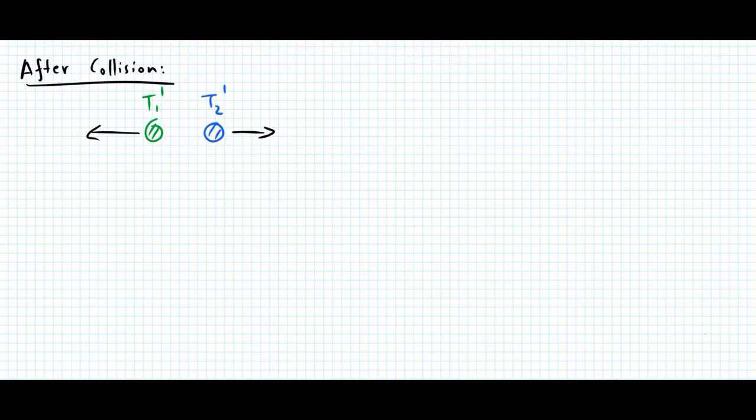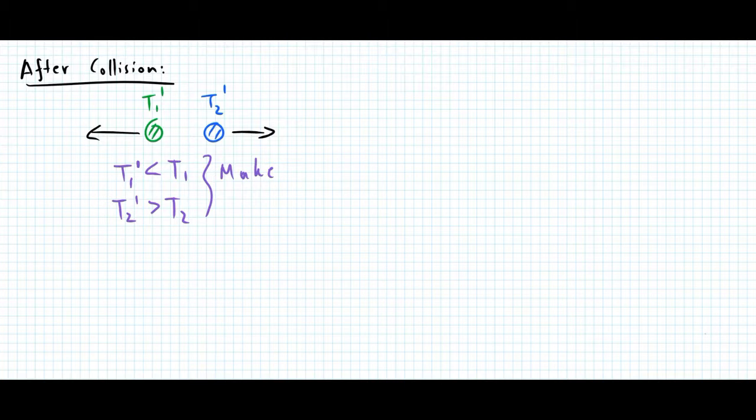After collision, we will note that the green ball will be at a temperature T1 prime and the blue ball will be at a temperature T2 prime. These are the new temperatures of each of these objects as they go their separate ways. What we'll notice is that T1 prime must be less than T1 and T2 prime will be greater than T2.